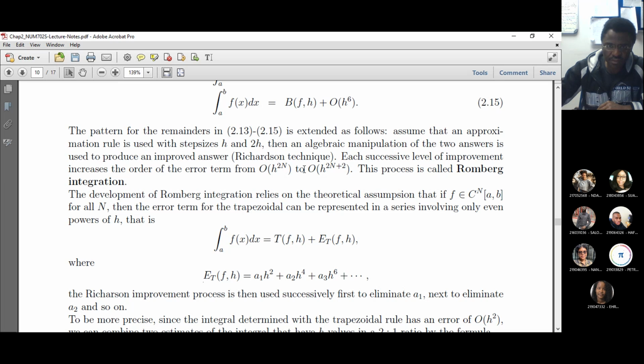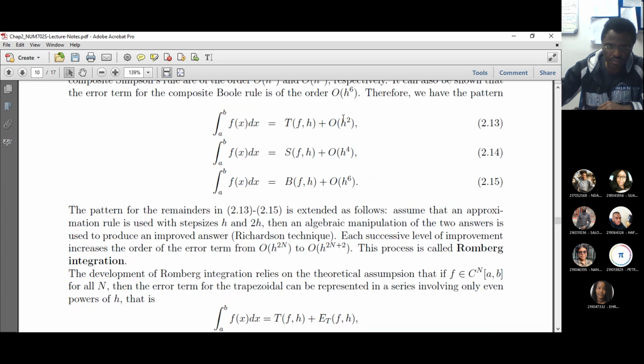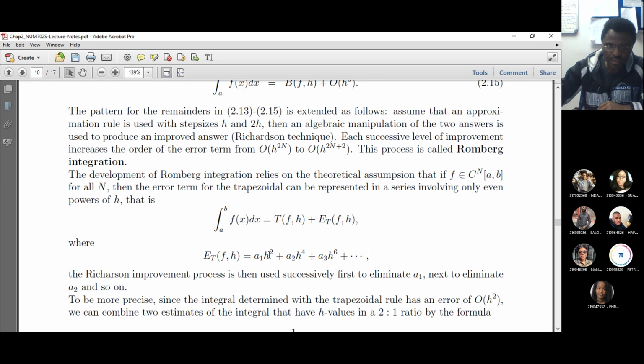So for the trapezoidal rule, the leading term here will be in h squared, and then it will continue. So we have these many terms. What you can realize here is that all the powers of h are even powers of h.